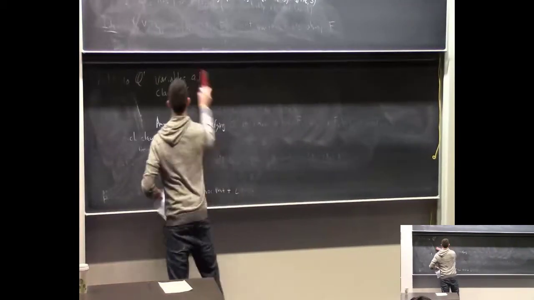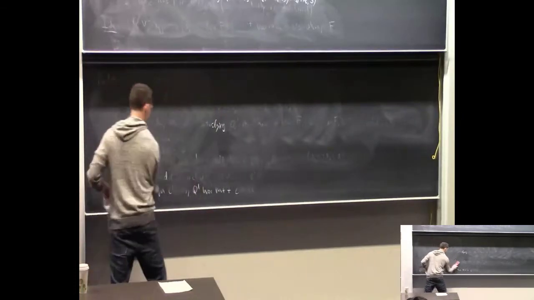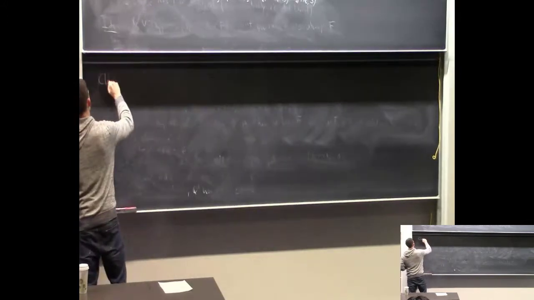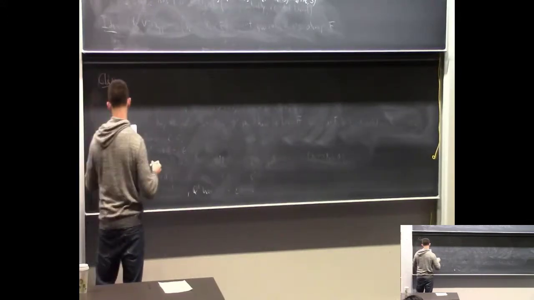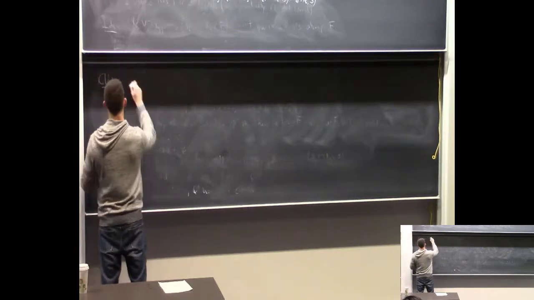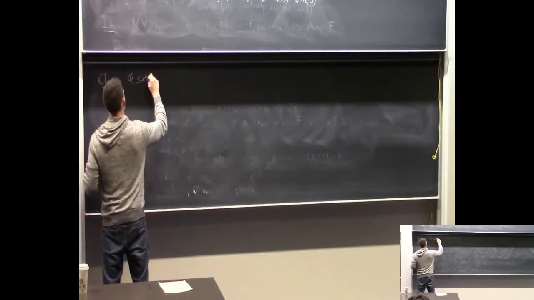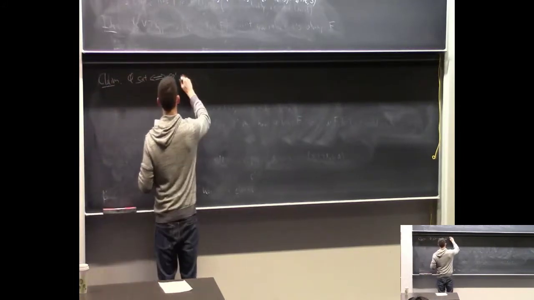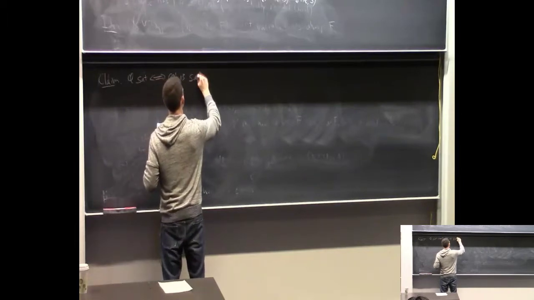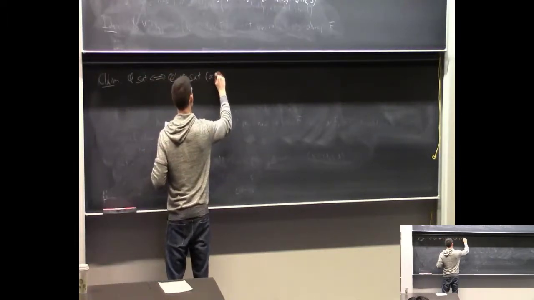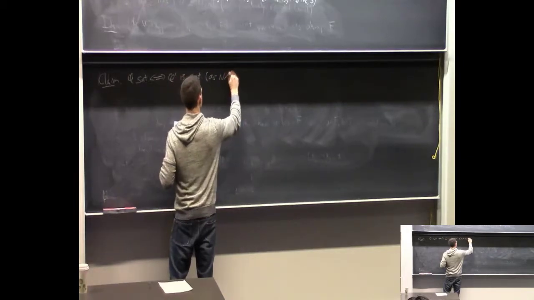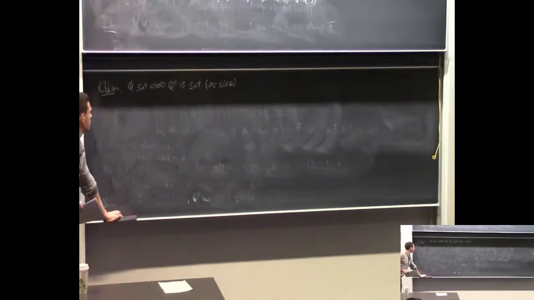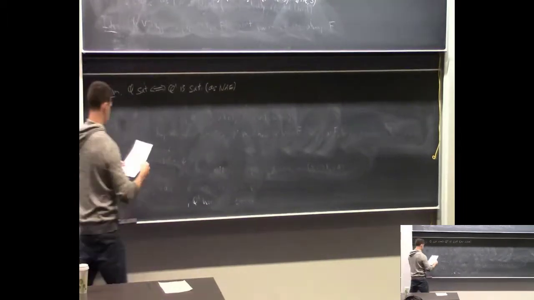All right, so what do we need to show? We need to show the following claim. And that is that phi is satisfiable if and only if phi prime is satisfiable. Again, in the NAE way, not in the standard SAT way. And we have to, again, prove both directions of this.